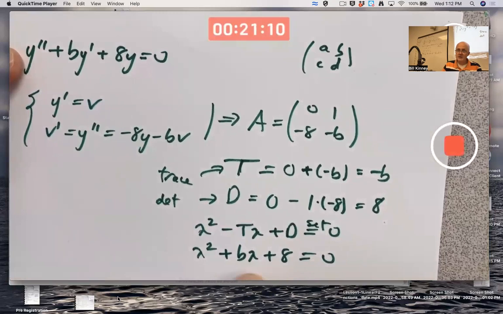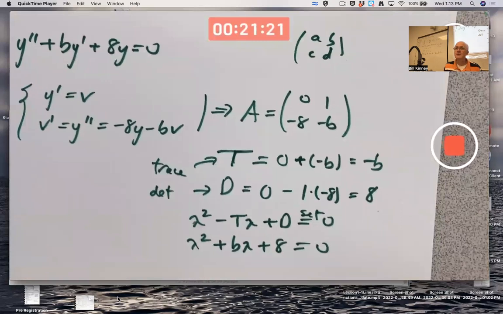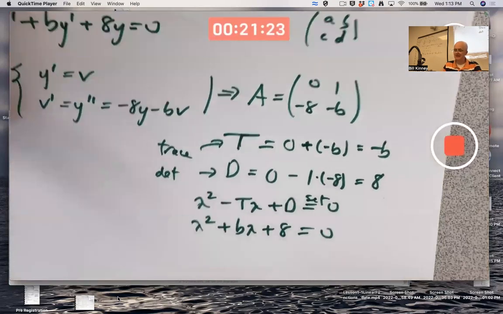And just like before, you can use the quadratic formula to find the bifurcation values, or more generally in section 3.7, or is it 3.8? I'm forgetting. You want to use something called the trace determinant plane.